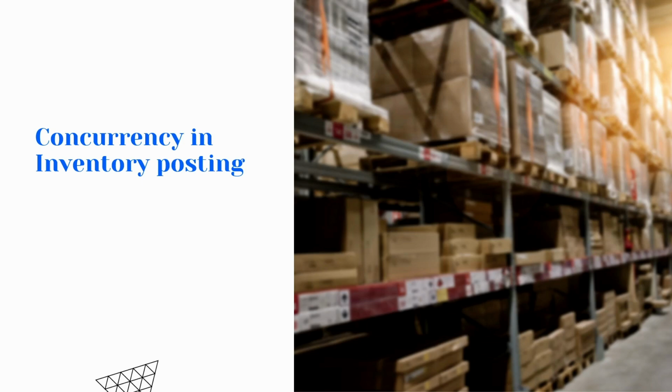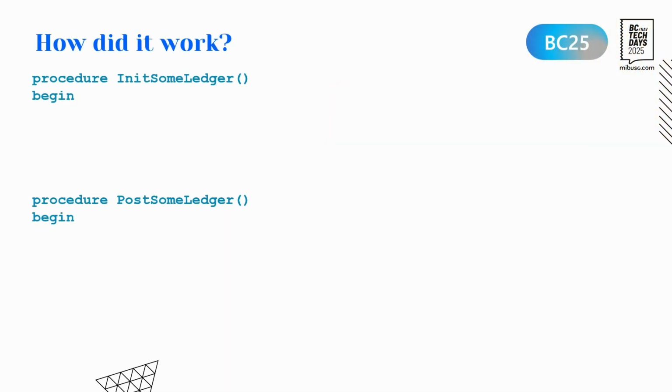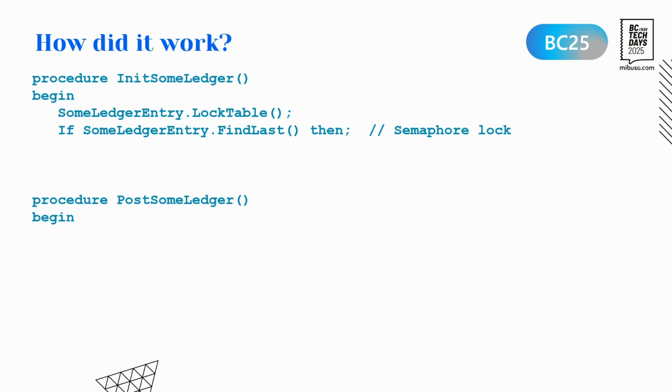If you've seen our launch event videos, this is basically the same, but just to repeat. It still works like that if you haven't turned on concurrent posting. In some ledger entry post, there's usually some init function or beginning of a procedure where we do a lock table and find last.